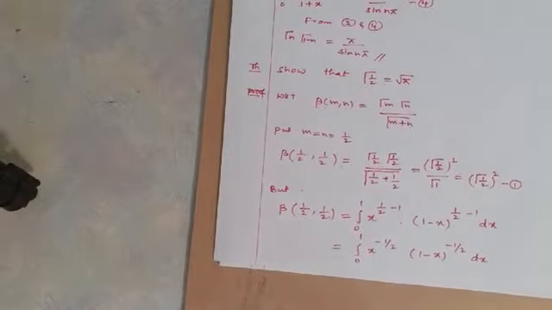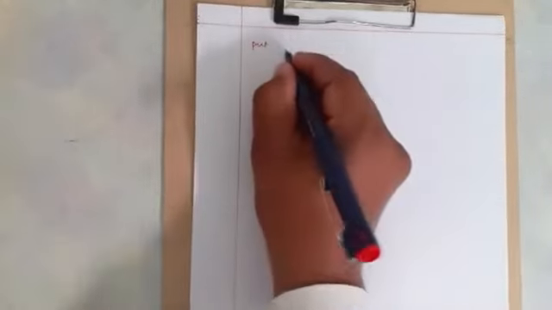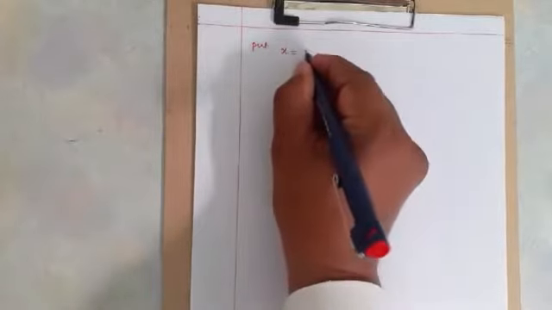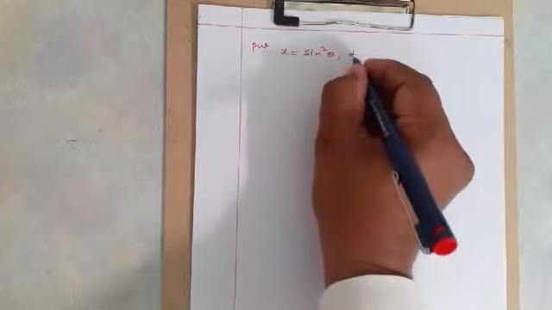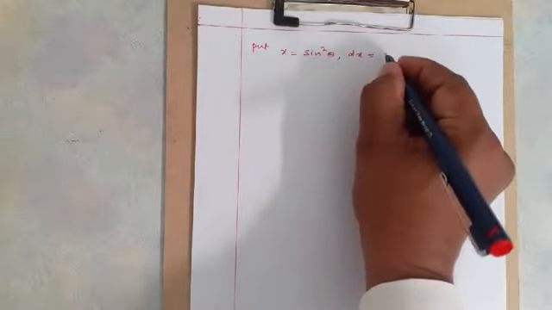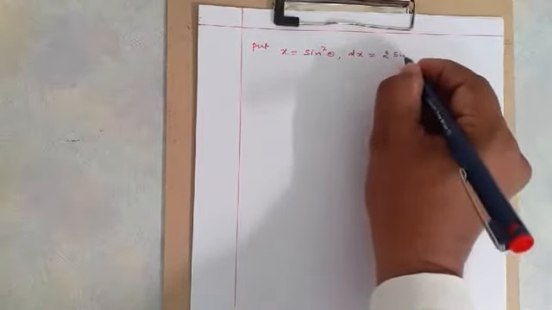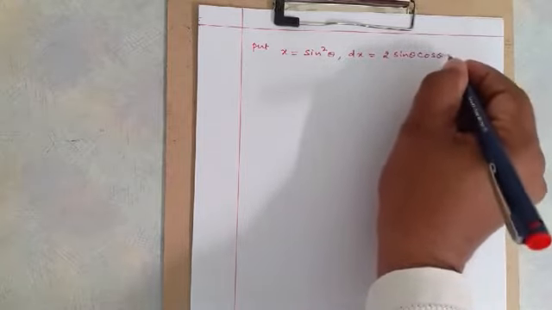Now we take a substitution. Put x is equal to sine square theta, so dx is equal to 2 sine theta cos theta d theta.